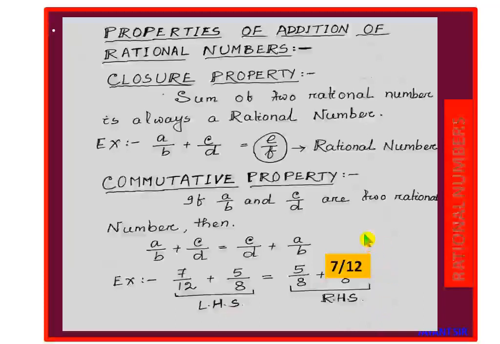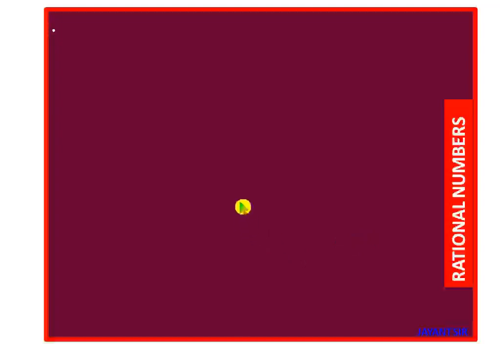So remember the commutative law, A by B plus C by D equals C by D plus A by B.